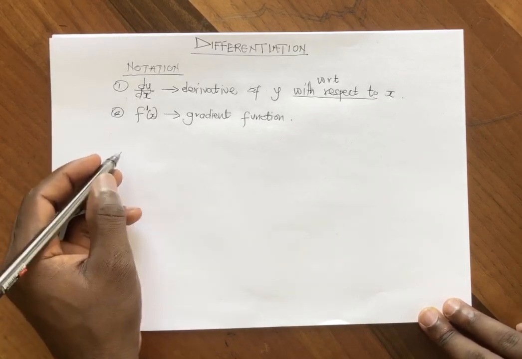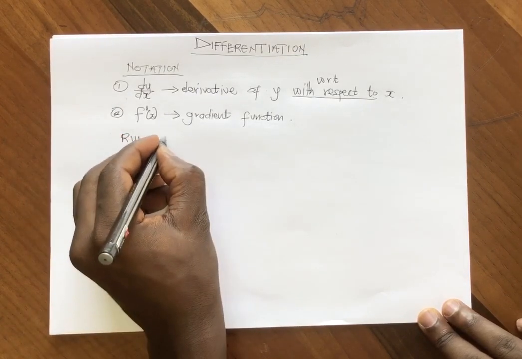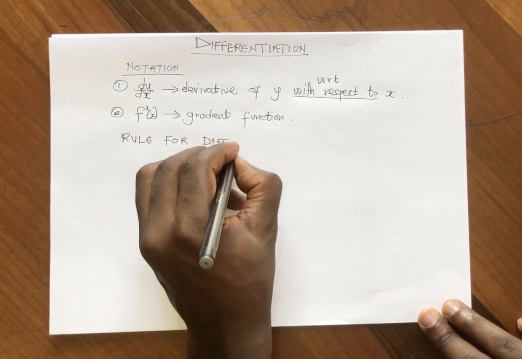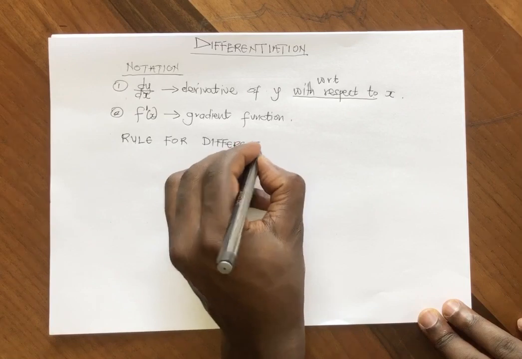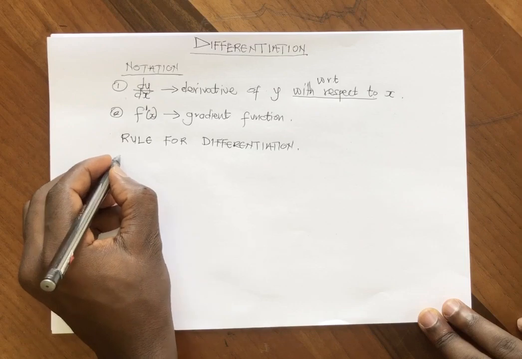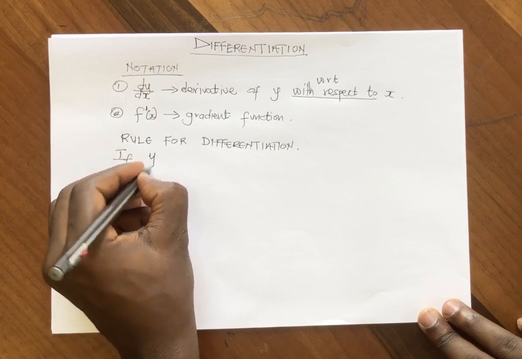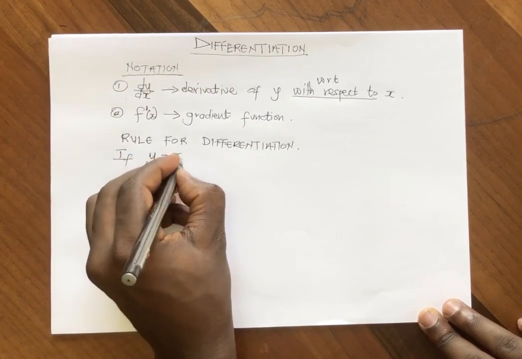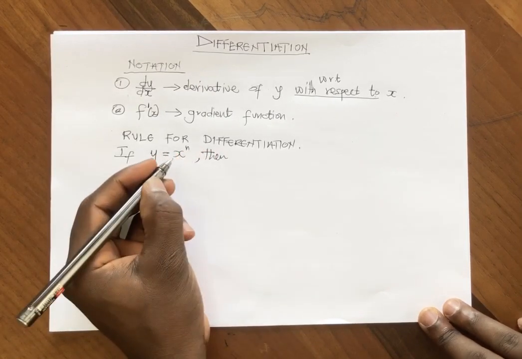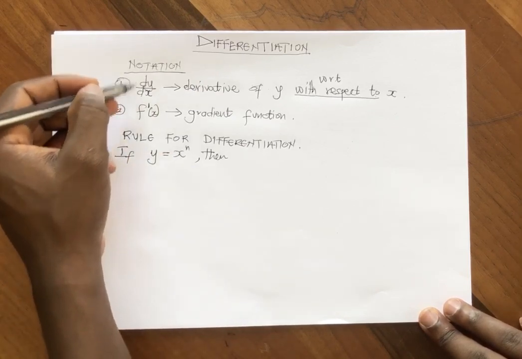What is the rule for differentiation? If you have a function which is y is equal to x raised to the power n, then when you are asked to differentiate this, you will use one of these functional notations.